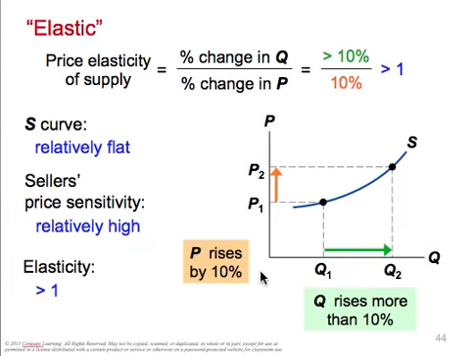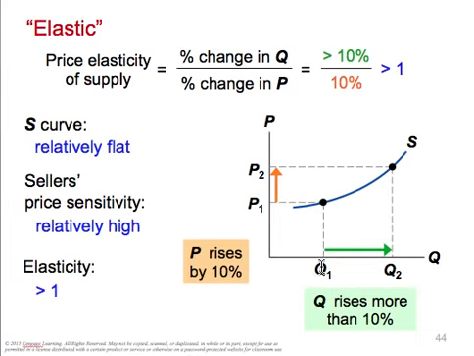Now we look at an elastic example. Notice the supply curve has moved from vertical, to relatively inelastic, to now getting a little more horizontal. So the curve is relatively flat. Look at the range of quantities here over a short range of prices. At price 1, you have quantity 1.